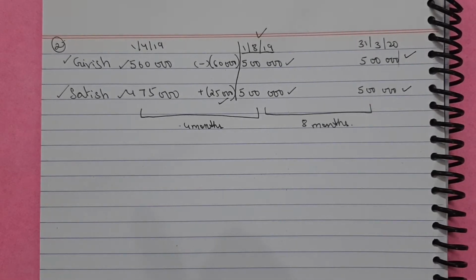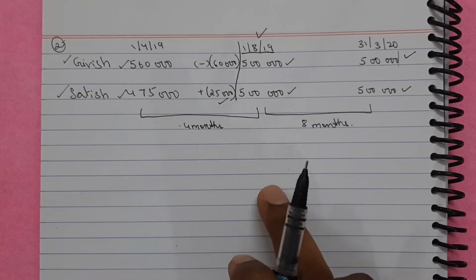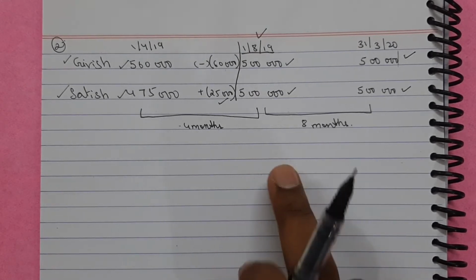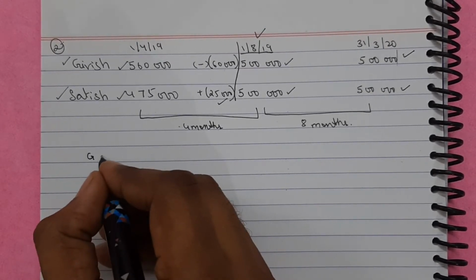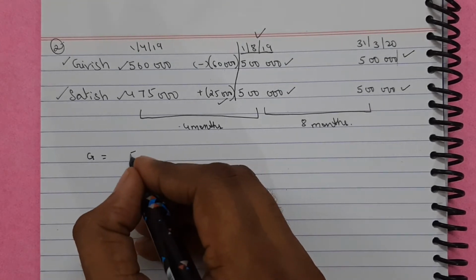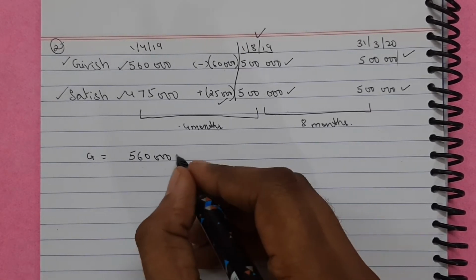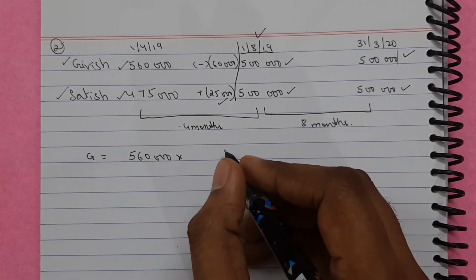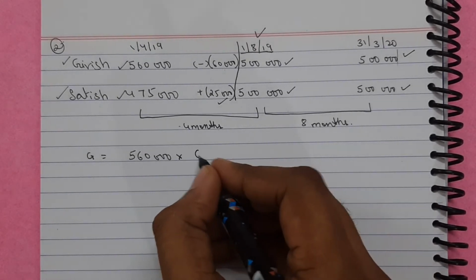Now let's calculate, as I have told you just now, that the interest on capital will be calculated according to rate and time. So first of all, for Girish I am writing G. The value of capital at the beginning is 5,60,000. And how much percentage interest are we supposed to give him? 6%.